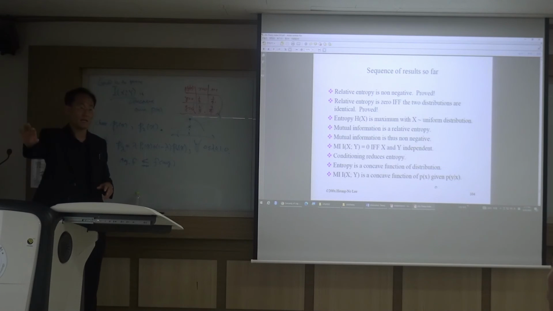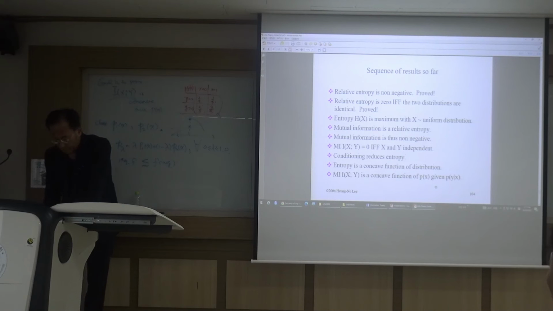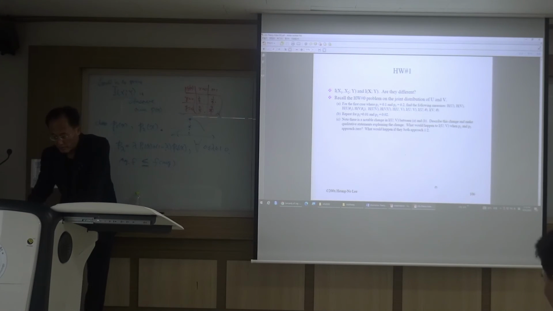Now I give you p x, I'm asking for the functional relation with respect to p y given x. But the rule is exactly the same, right? Apply that type of method to show that.